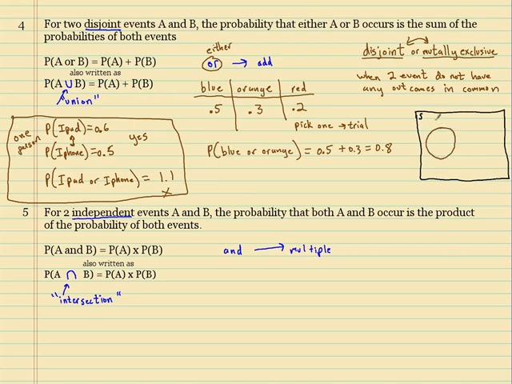So this is the event A, and these are all the outcomes in A. This is event B, and these are all the outcomes in B. You see how they don't touch? If they don't touch, that's considered disjoint, or as I often say, mutually exclusive.